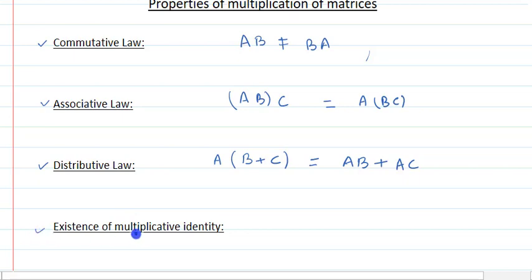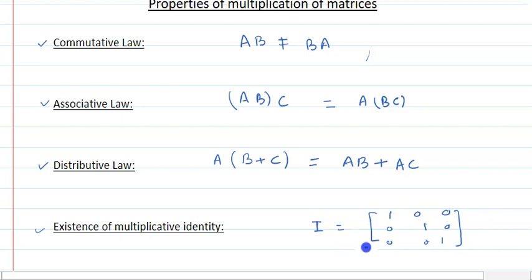Next, existence of multiplicative identity. Yes, there exists a multiplicative identity I, which we call the identity matrix. Let me recall the identity matrix. Let me take one of order 3 by 3: 1, 0, 0, 0, 1, 0 and 0, 0, 1.